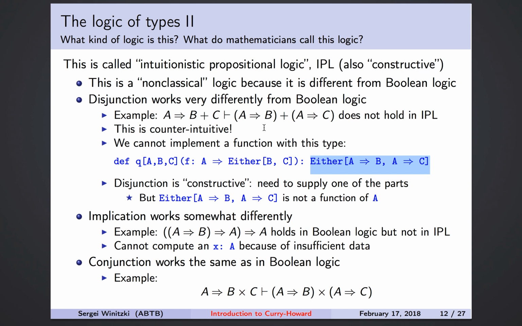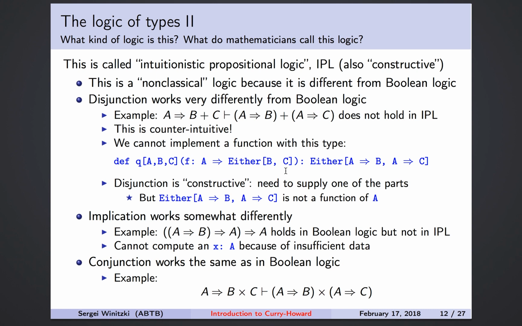One of our derivation rules is that if you have this sequent, then you can also have the sequent that is a function type from this to this. So for the programmer, it is easier to reason about a function taking this as an argument and returning this. So how can we implement this function?